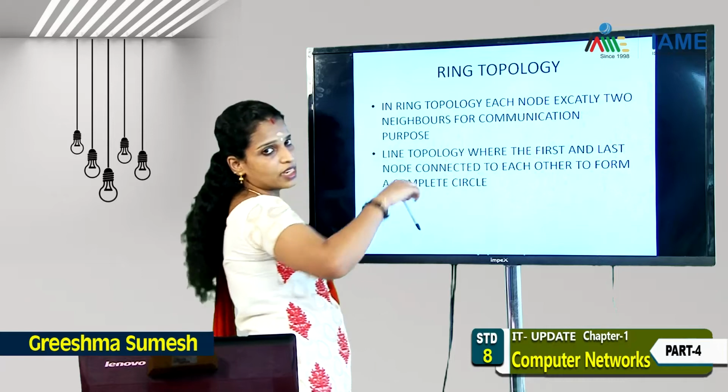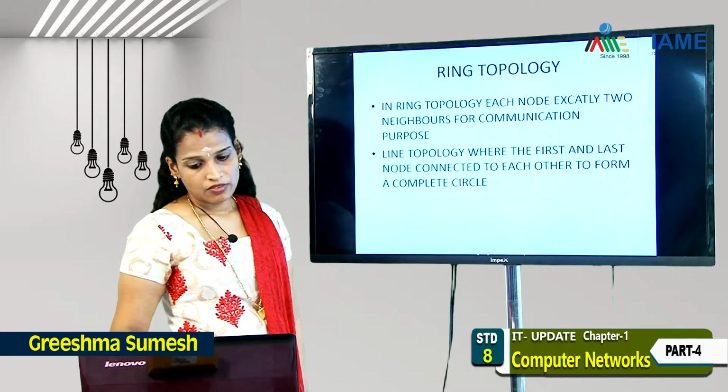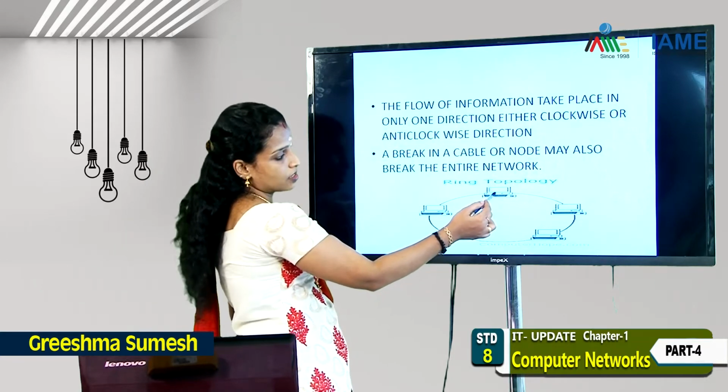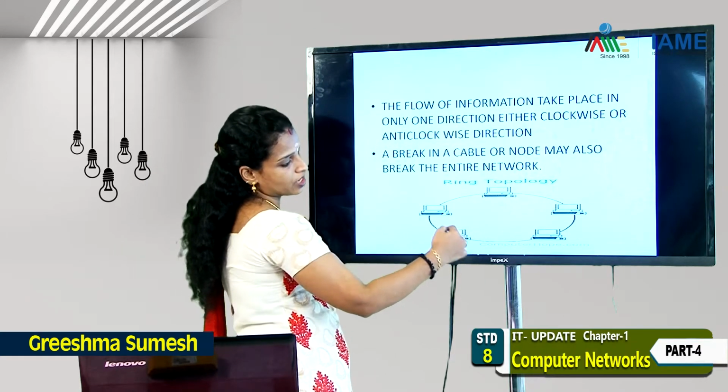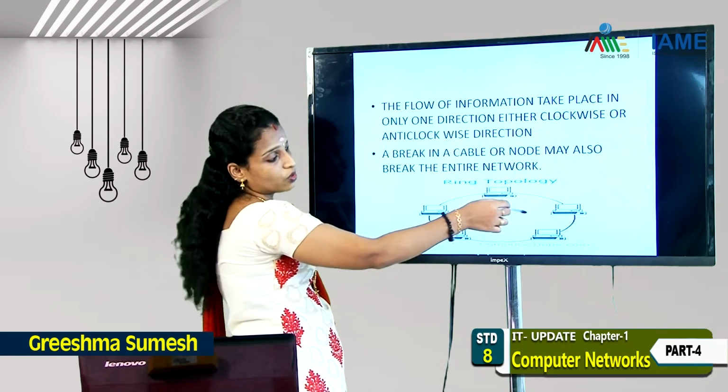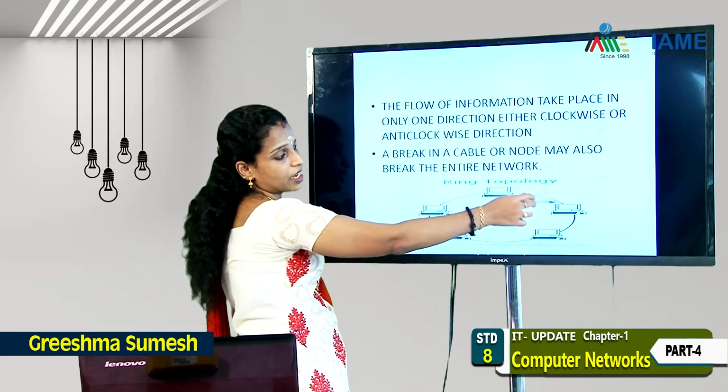Complete circle, round shape, is ring topology. First and last node connected to each other. See, this one, the first and last computers and all computers are connected to one single cable, ring shaped.